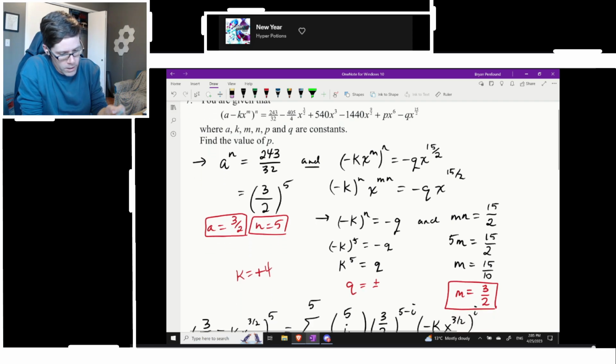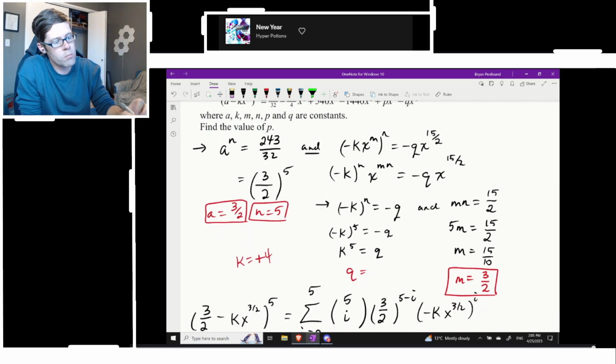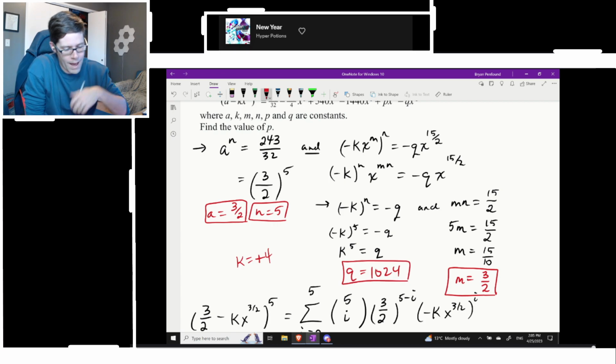So if k is plus 4, that means that q should be, I believe we had an answer, 1024. That seems about right. Right? It should be 4 to the power of 5, which is 2 to the 10? Is that 2 to the 10?